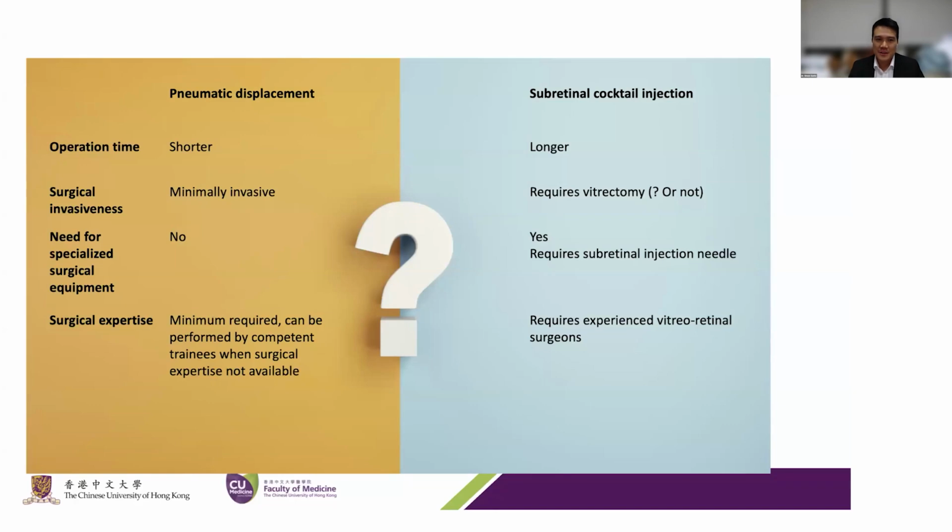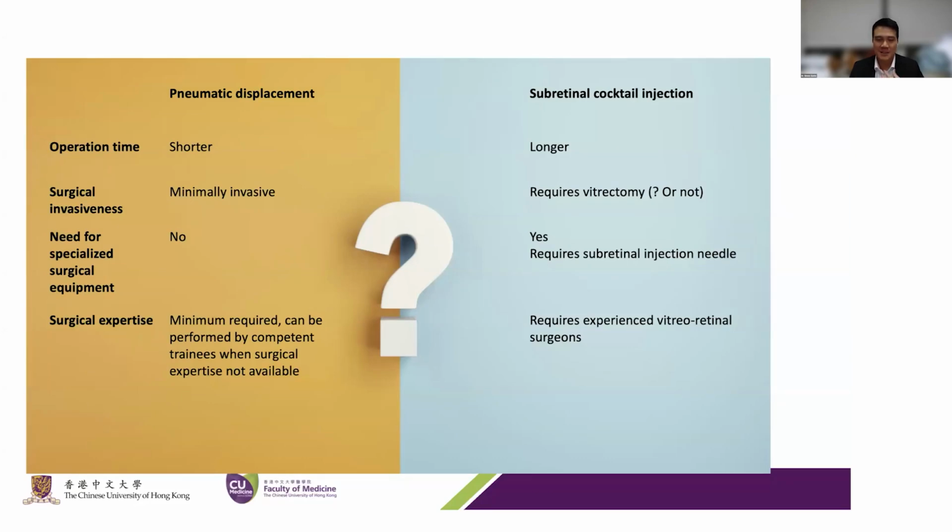Pneumatic displacement, of course, has a shorter operating time. It's also minimally invasive. It doesn't require any specialized surgical equipment, and it can be performed by competent trainees under supervision. But subretinal injections require a subretinal injection needle, which is specialized equipment not readily available in most centers, and it is usually done by experienced vitreoretinal surgeons.